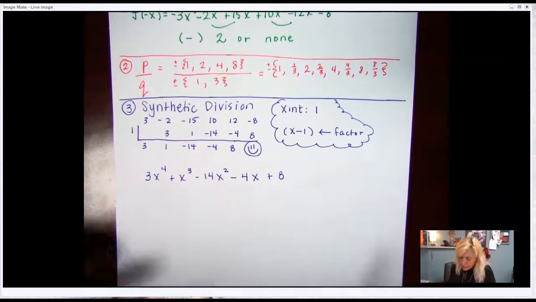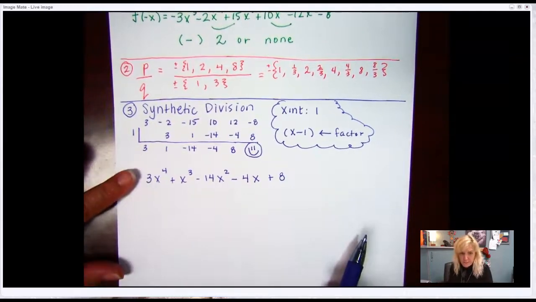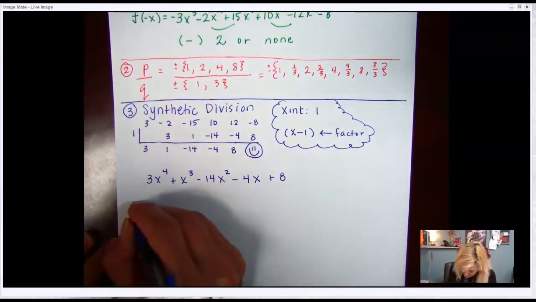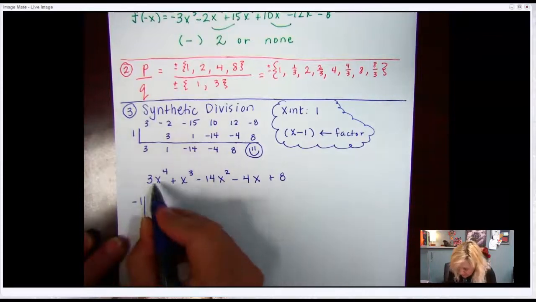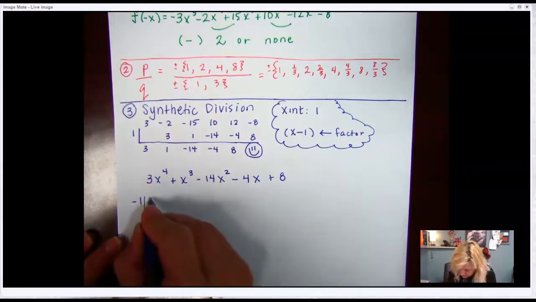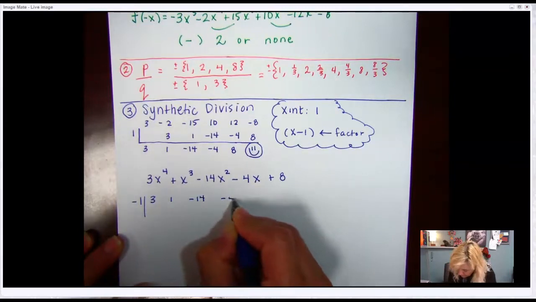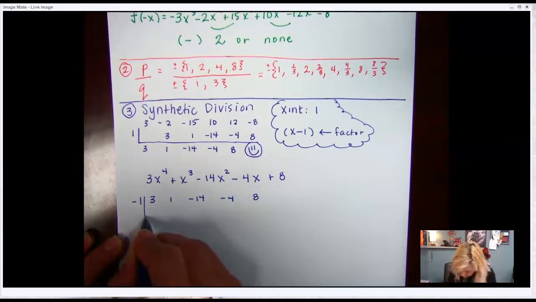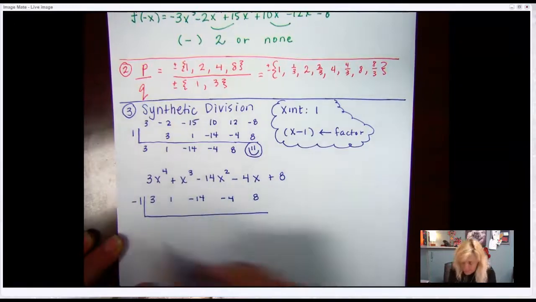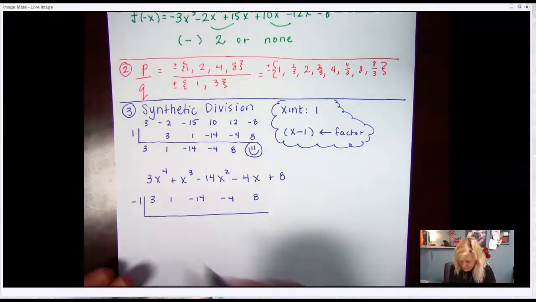So here I go all over again, but I'm using this now for my synthetic division. So all of my degrees are represented. So let's do synthetic division again.